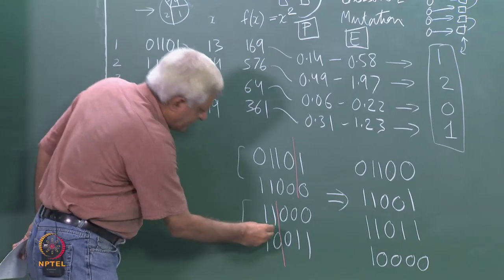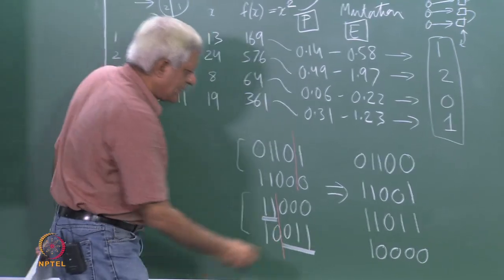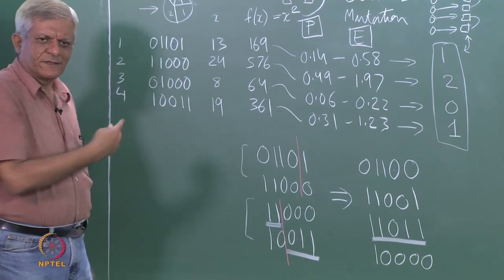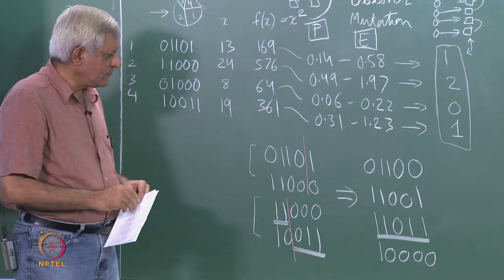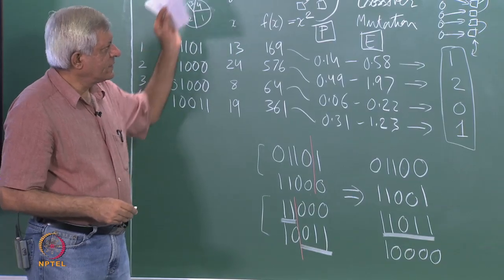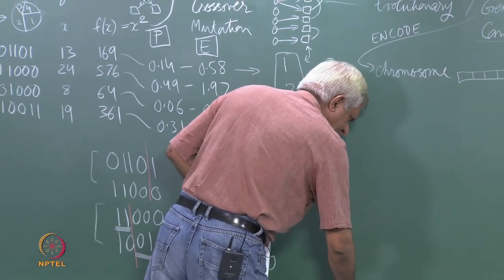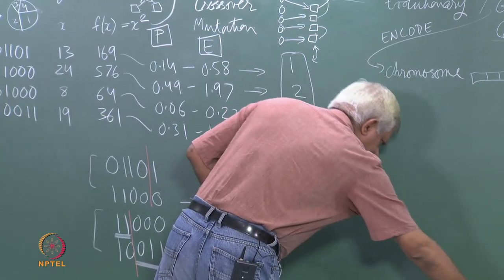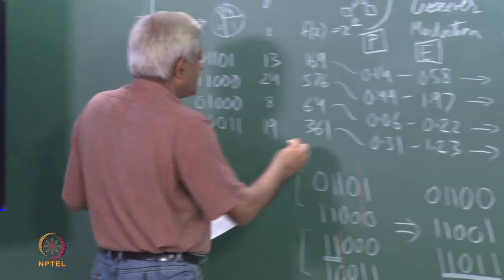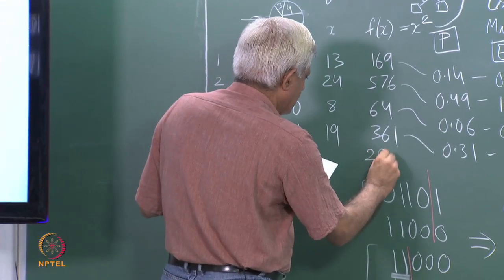So, just to emphasize, I take this part and I take this part and I get this one here, and likewise for the other 4 essentially. So, this is my new population at the end of one round, one cycle of this. So, let us see whether we have a better population to start with. Now, if you look at the average fitness for this, it happens to be 293.